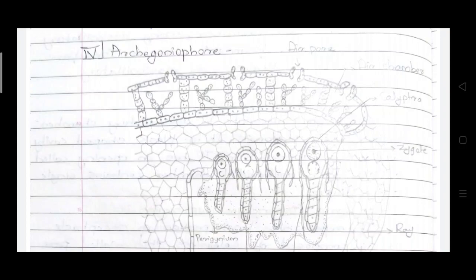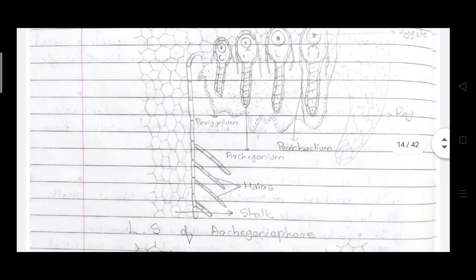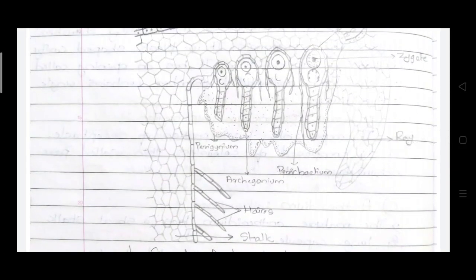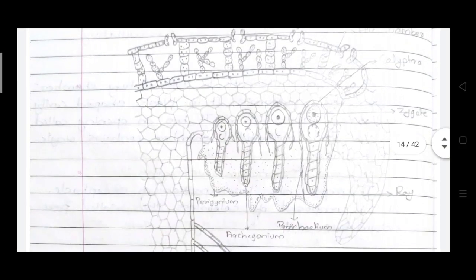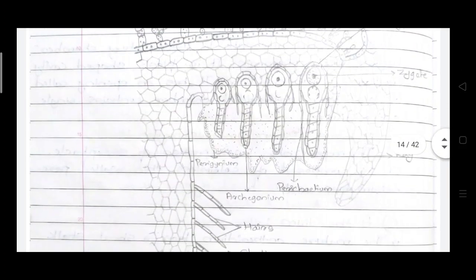In the figure you have to see that air pores and air chambers are present. The Archegoniophore is outer covered by the calyptra, and this is a somewhat inverted flask-like structure.